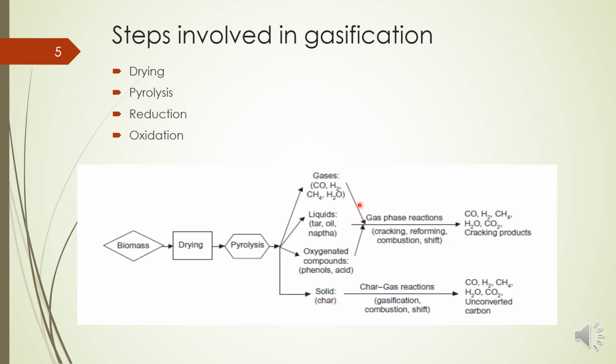One is mainly the volatile gas, which will undergo different combustion, water gas shift reaction, etc. to yield different products. And simultaneously the solid char will also go through different reactions. That is why we have two pathways here. So this is the overall picture of gasification.